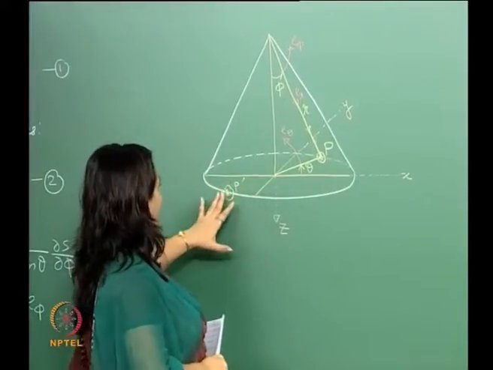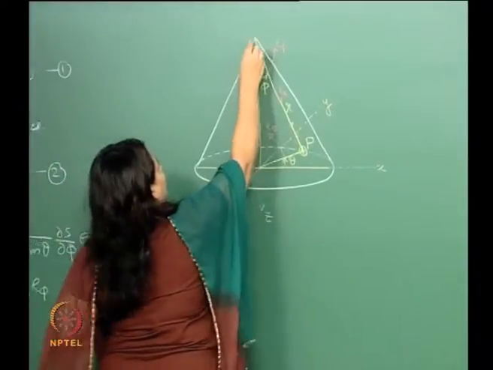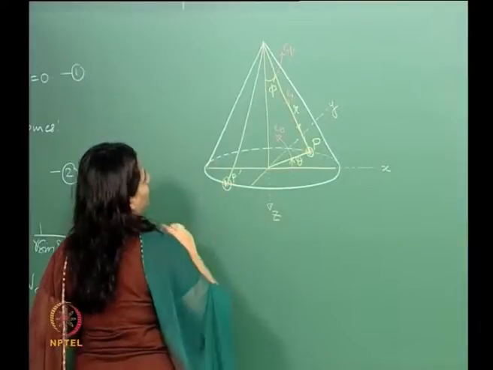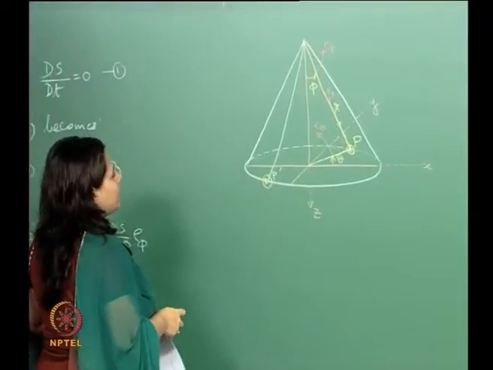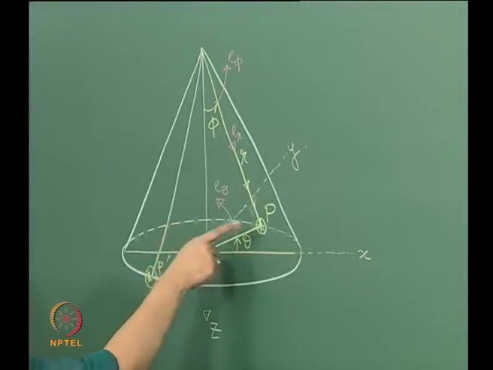The theta, r and phi are all different. Okay. So, say P moves from P dash to P.